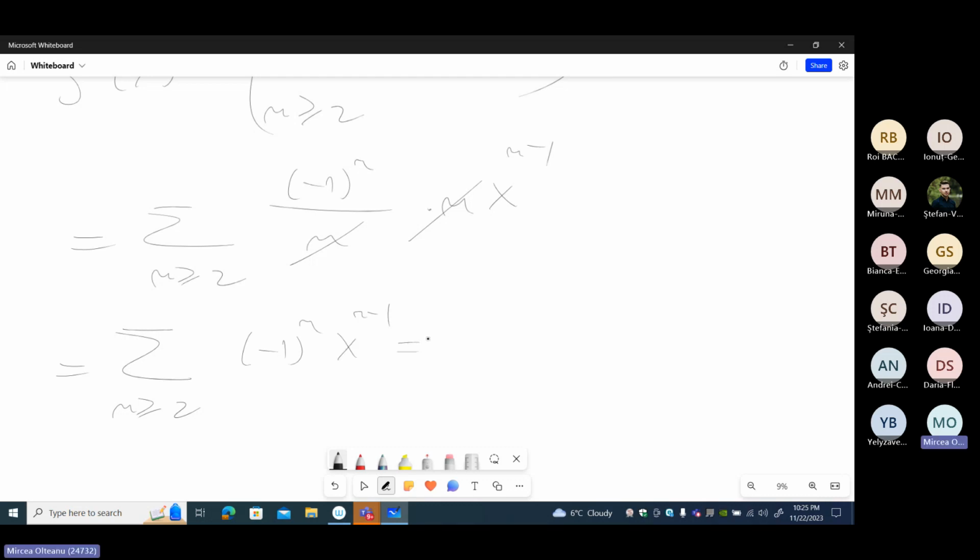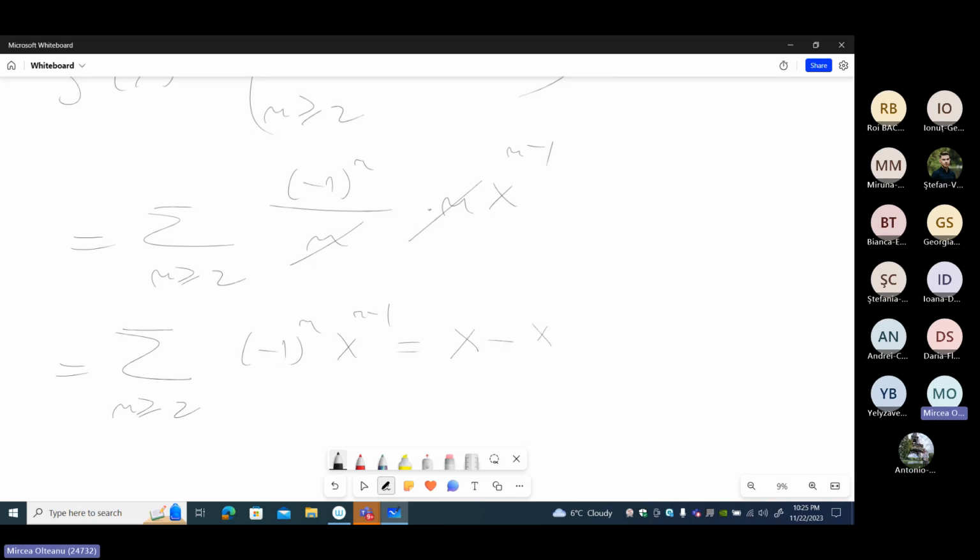If you want to write a few terms, when n equals 2, we get x. Then for n equals 3, we get minus x squared. Then when n equals 4, we get plus x cubed, and so on.